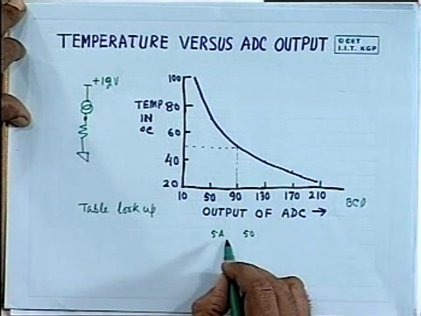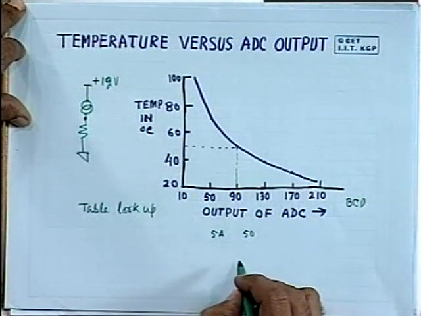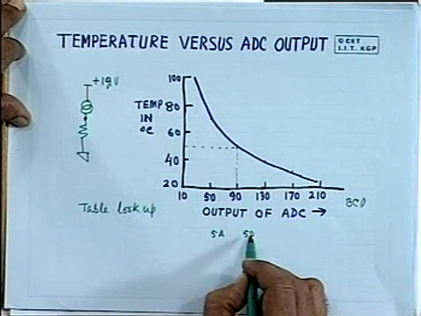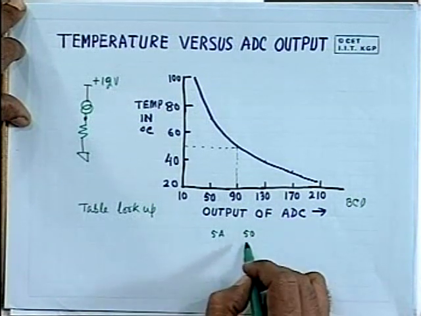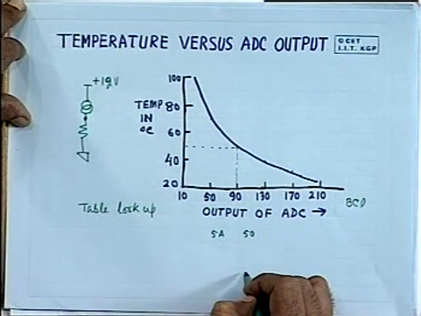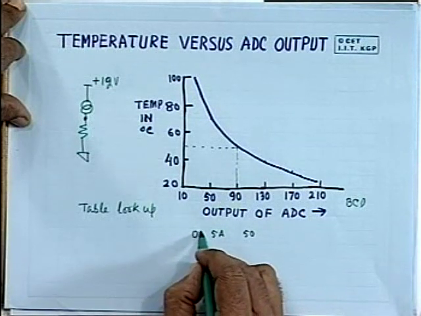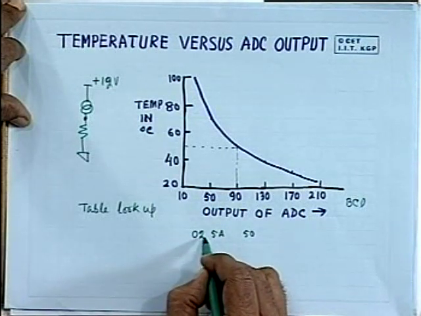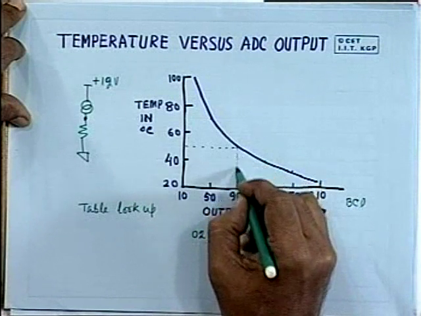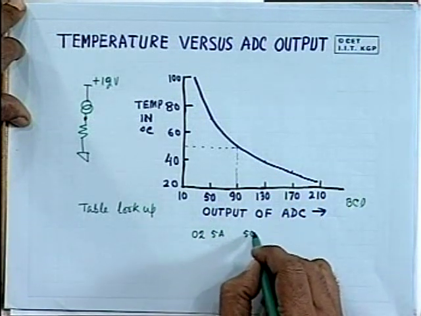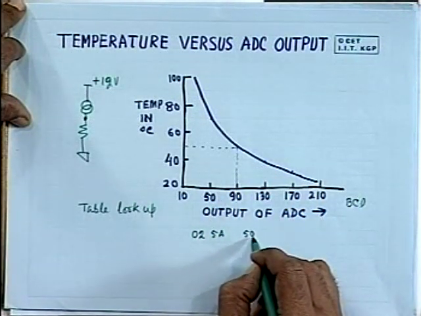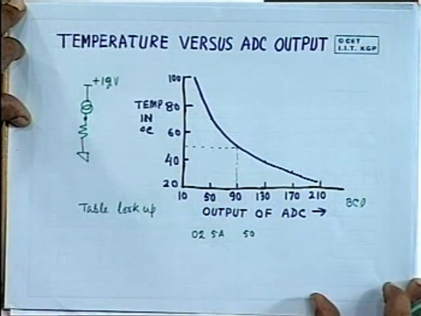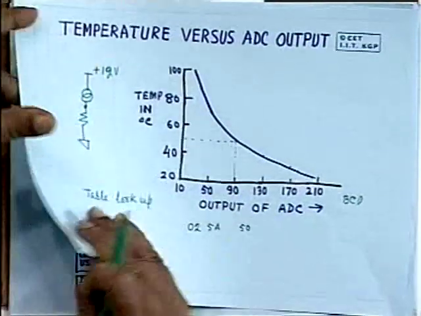So what we do is use a table and store this value 50 and other values in memory. We append the most significant byte, the least significant byte is the digital value, and in this location we store the temperature in degree centigrade. So this technique has been used in this software program.